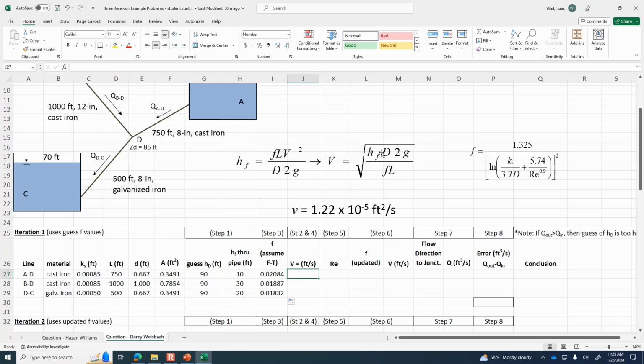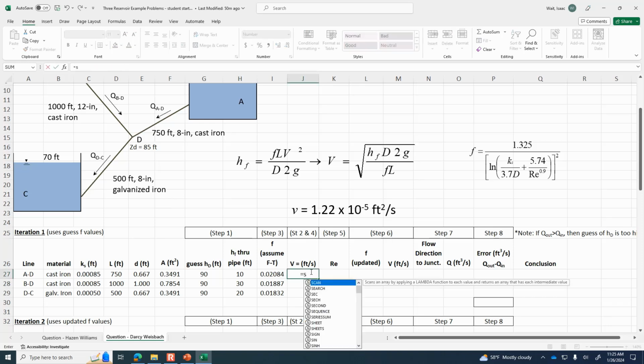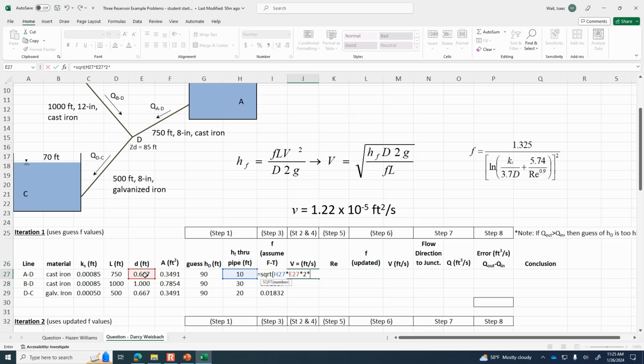So let's type in this equation. V equals SQRT of H sub F times D times 2 times G. And remember, I made this mistake last time. If we're in traditional units, G is 32.2.